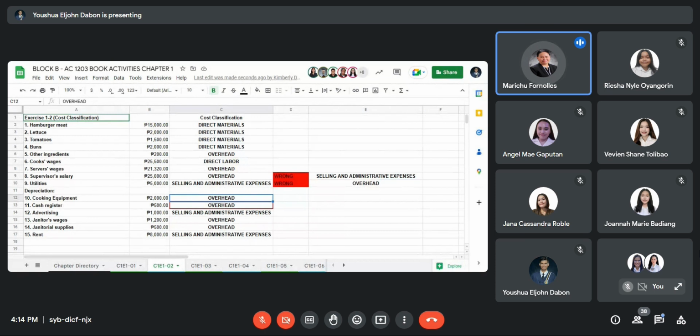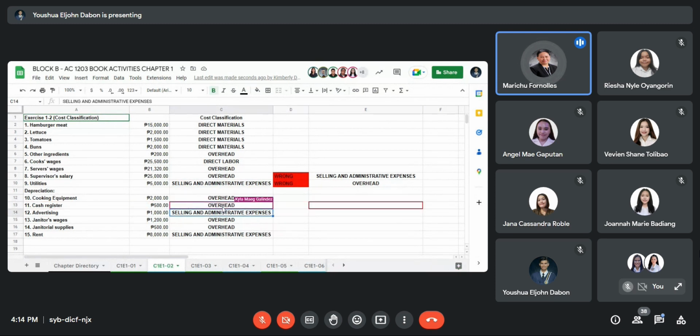The depreciation for the cash register, that is where the customer's payment is accepted. So don't relate it to the production of the burger. It should be a non-production cost, therefore part of selling and administrative expenses.